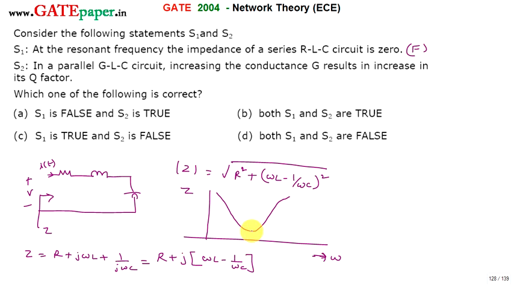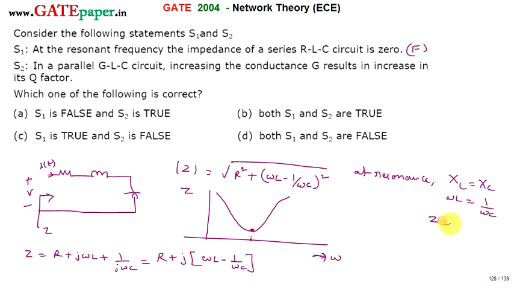At one point resonance occurs, where the inductive reactance is the same as the capacitive reactance. So at resonance, XL is equal to XC, that is ωL = 1/(ωC).